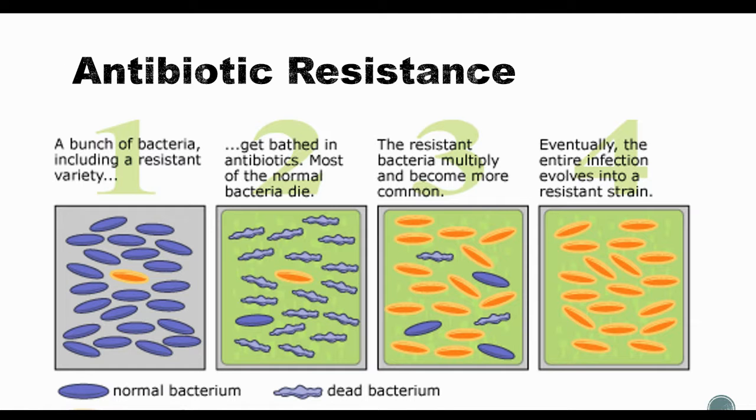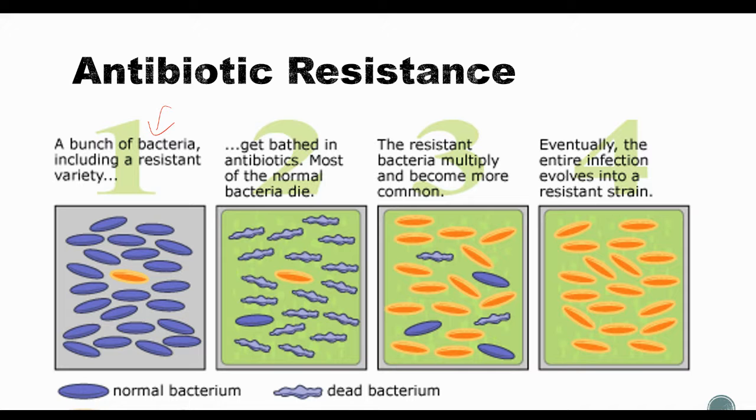Like I talked about antibiotic resistance at the very beginning, I'll go over it in general again because it's a really great, easy to understand example. And I'll use a different picture this time because that's always good for our brains to see things in different ways. All right, so here we have a bunch of bacteria, including one that just happens to be resistant. It just happens to be resistant because it has a mutation, okay?